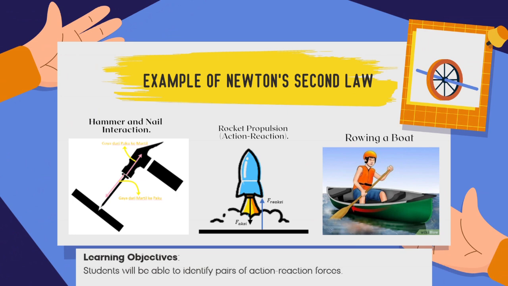Another example is rowing a boat. The paddle pushes the water backward, and the water pushes the boat forward. The learning objective of this slide is that students will be able to identify pairs of action-reaction forces.